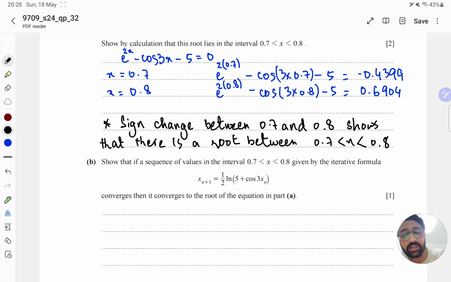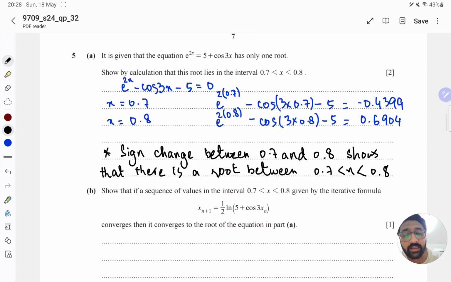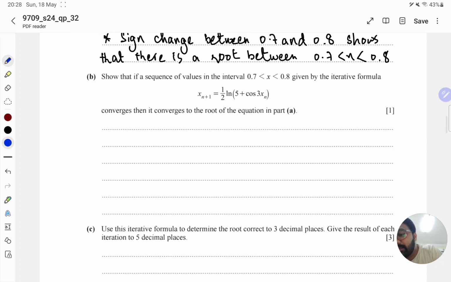We need to make it the equation that was given to us in part A. So let me just rearrange it without the iteration part. 1 over 2 ln of 5 plus cos 3x.